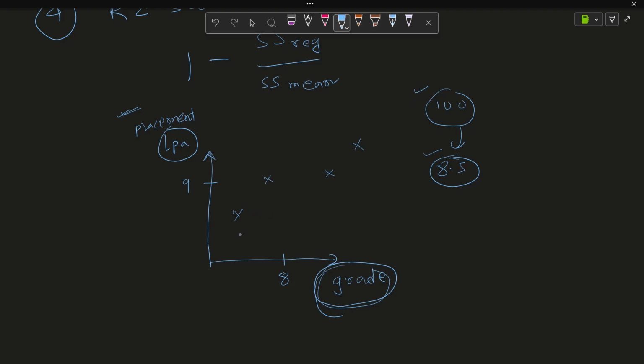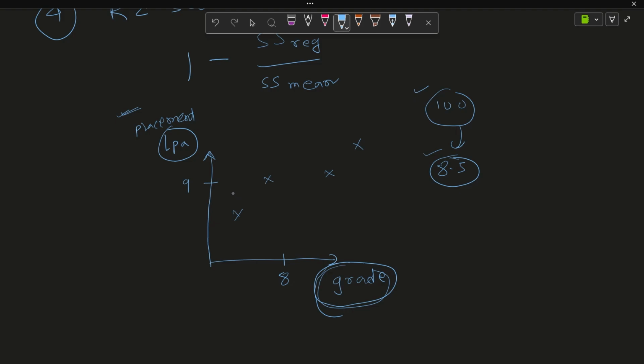You can say it by building the regression model: if you maintain a 9 CGPA in our college, you will get for example 10 LPA, instead of just telling her that our average placement is 8.5. You can add more information to it.